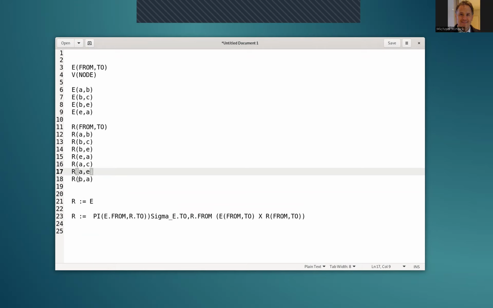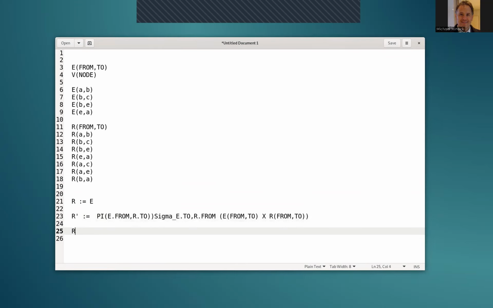Here's our R and here's our E. We have E goes to B and B goes to E. That's a fresh new tuple. A goes to B and B goes to E.